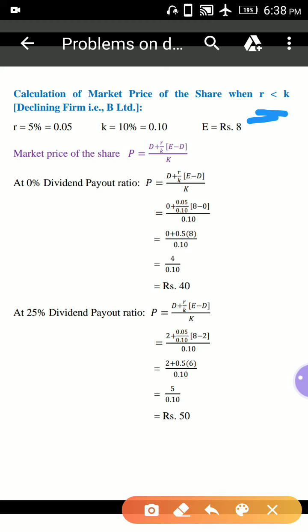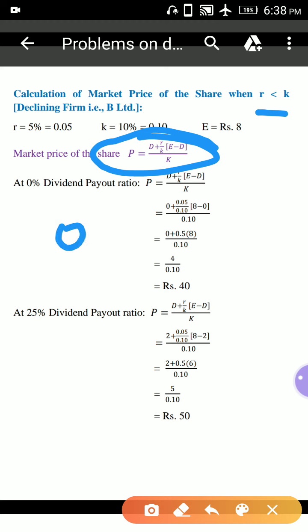In this situation, the r value will be 5% for B Limited, a declining firm. The k value and EPS will be the same, and the same formula applies: the market price of the share P is equal to D plus R by K into E minus D, divided by K. At 0% payout ratio, the dividend is 0.